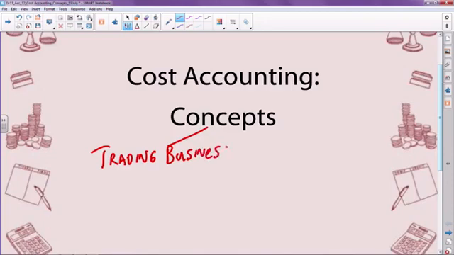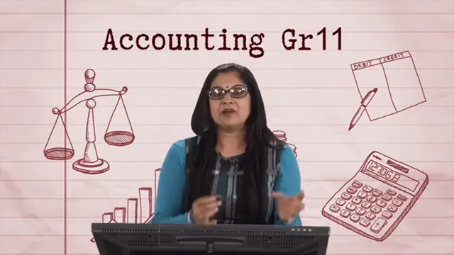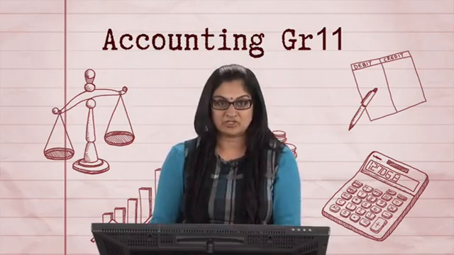Right, you've been an accountant for a trading business. What do we mean by a trading business? A business that will buy stock in order for them to sell the stock. Right, you're buying stock, you're buying merchandise, and thereafter you are selling the merchandise.